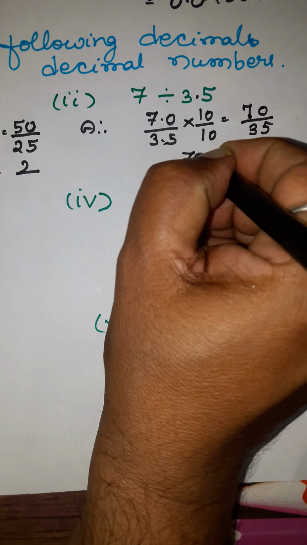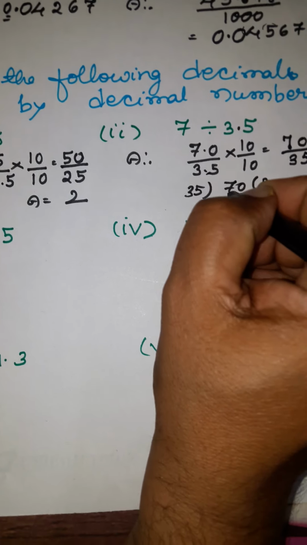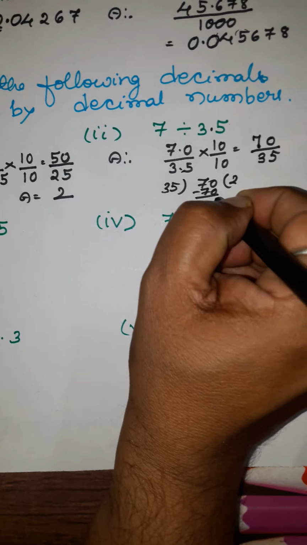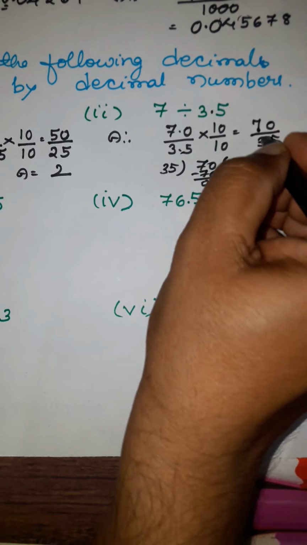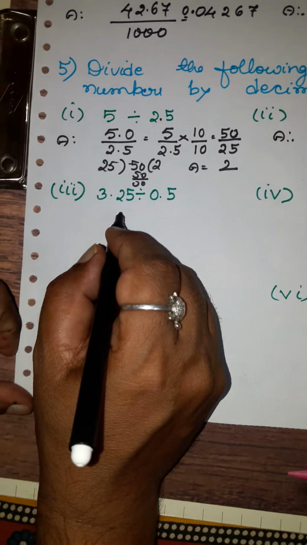Divide 70 by 35. 35 2s are 70. Subtracting, you will get 0. So answer is 2.